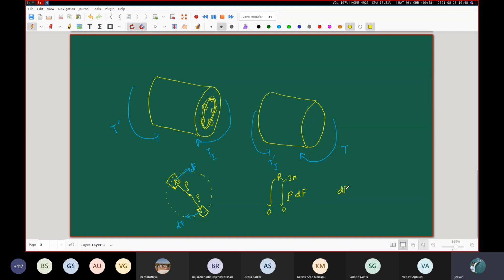The dF is nothing but the shear stress at a certain point multiplied by the elemental area. I think someone mentioned that, although it was not very clearly audible, but dF will be nothing but the shear stress at that point multiplied by the elemental area.